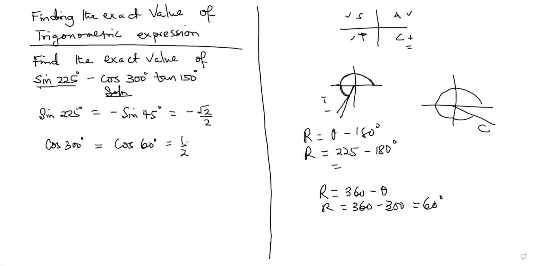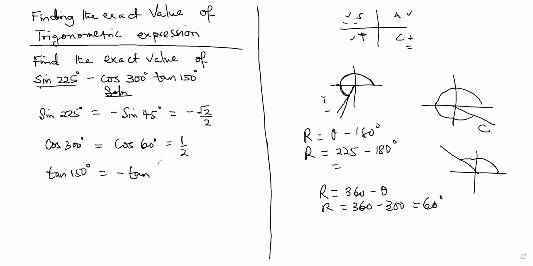We've studied it already. And we now come to tan 150 degrees. For tan 150 degrees, 150 falls in which quadrant? So this is 90, 150 falls in the second quadrant. In the second quadrant, tan is negative. You see that? So it means that my answer should be negative tan something.